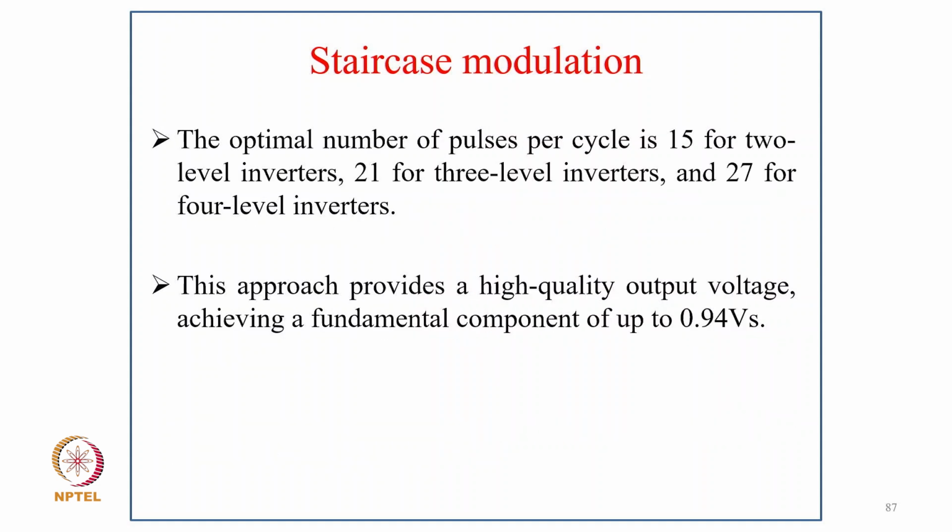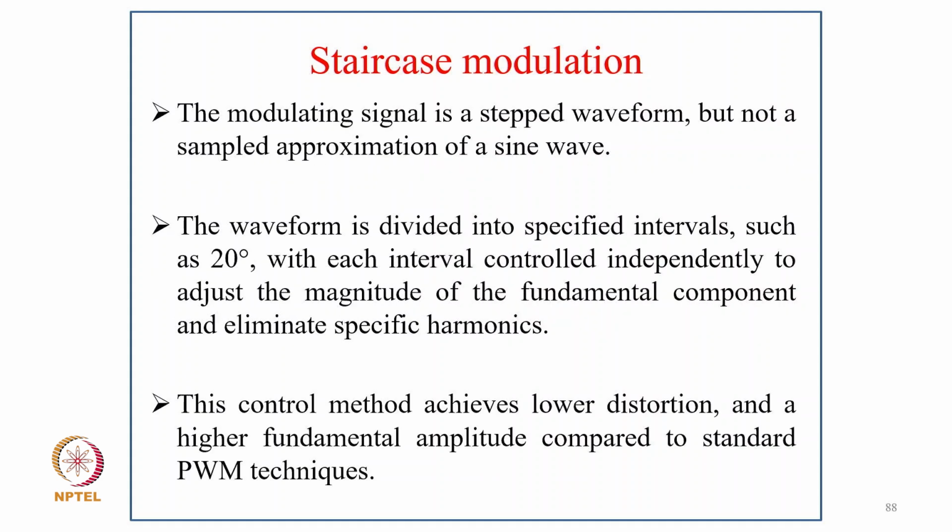So the optimum number of pulses per cycle is 15 for a 2-level inverter, 21 for a 3-level inverter, and 27 for a 4-level inverter. This approach provides a high quality output voltage, achieving a fundamental component of up to 0.94 Vs, and the modulating signal is a step waveform but not a sampled approximation of a sine wave.